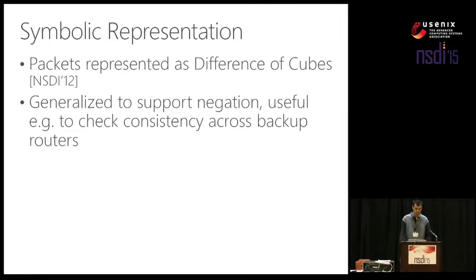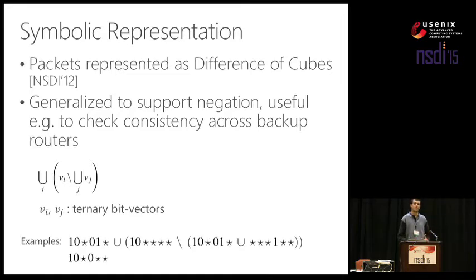More formally, it looks like this: if you have v_i, v_j, which are ternary bit vectors, so they can have 0, 1, and don't care. I have some examples here of sets of packets that would be at some router location. This representation is quite efficient for this domain because it has negation and is very efficient for rule dependencies in ACLs, for example.